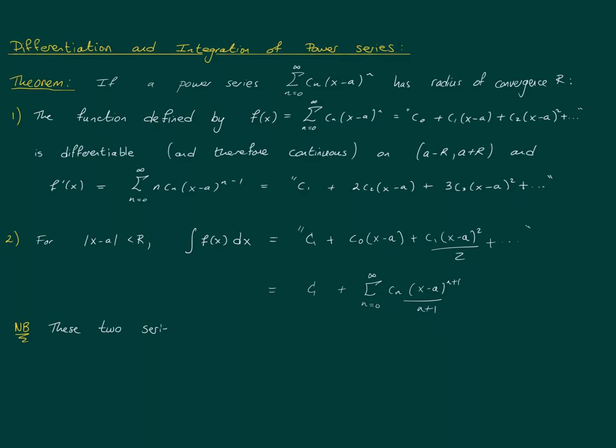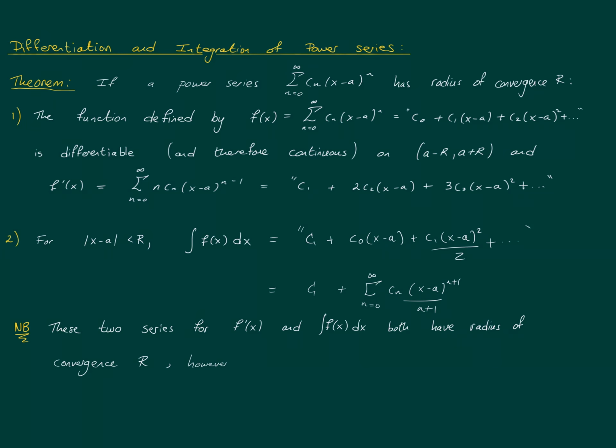So NB, these two series, for f prime and f of x integrated, the antiderivative, both have radius of convergence r.